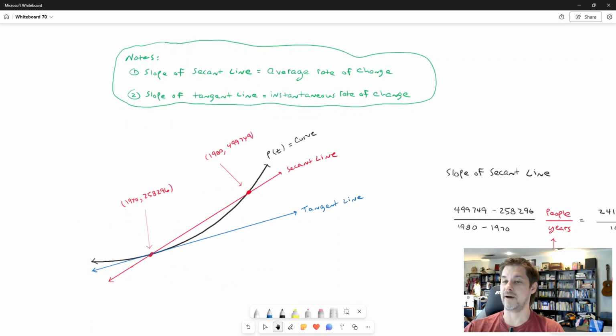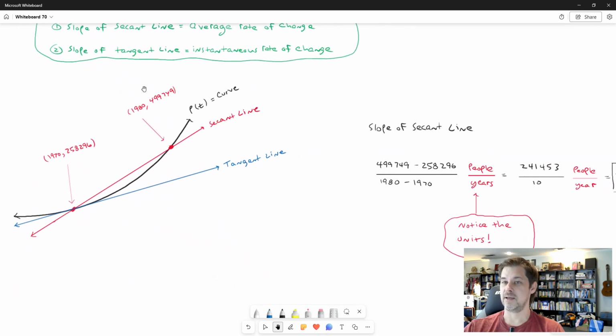Now, if I take this y coordinate, 499,749 people, minus this y coordinate, 258,296 people, I'll get units of people just like it wants. And then if I take 1980 minus 1970, then I'll get 10 years. I'll get units of years just like we're supposed to.